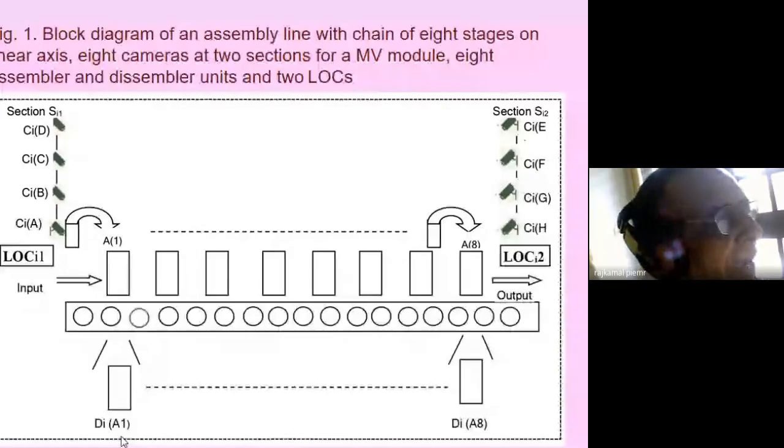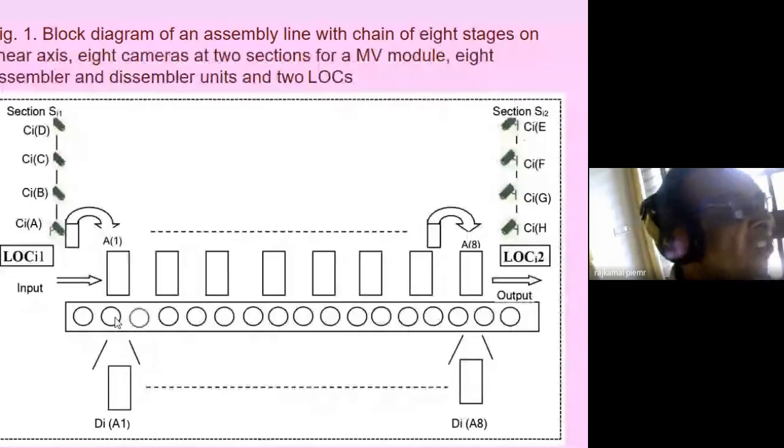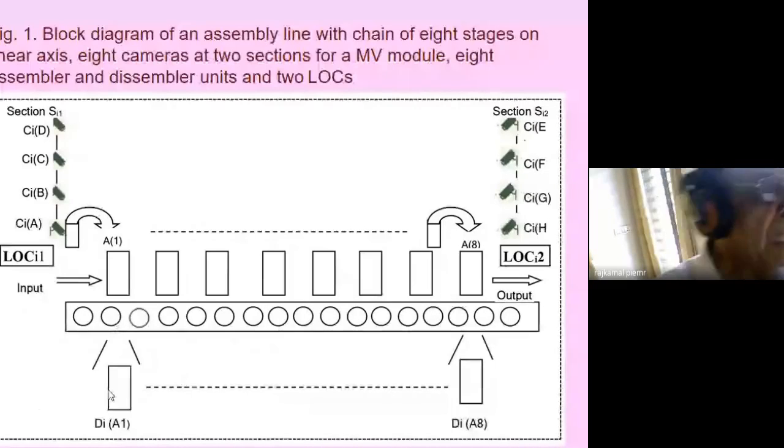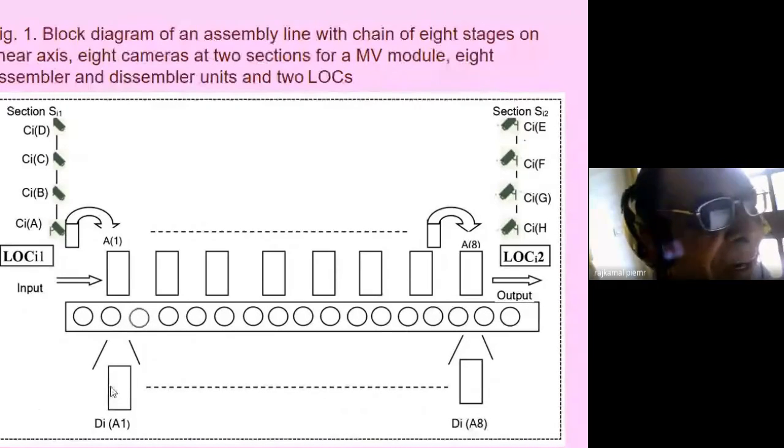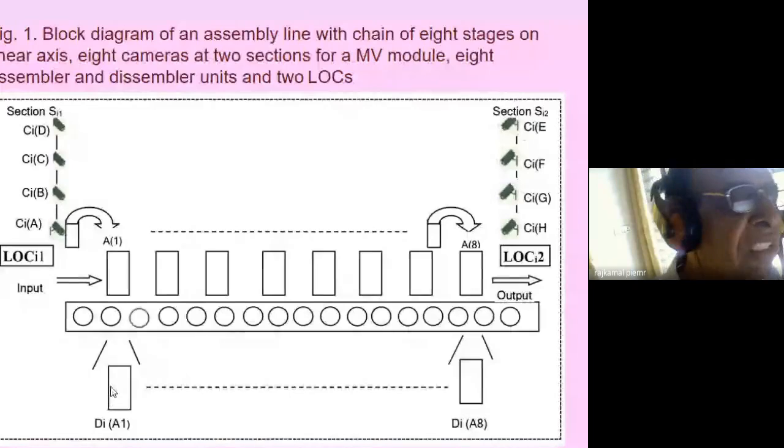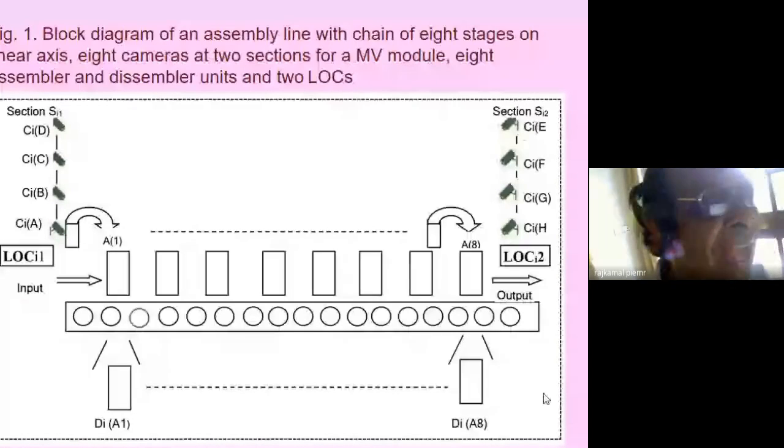For example, some part has reached this table, but due to some vibration or something, that bottle, let us say, is not straight. So that bottle needs to be removed from the line. The disassembler will do the job of removing the component which has not been properly processed in the assembly line. We have cameras, let us say A, B, C, D on this side and E, F, G, H on this line.